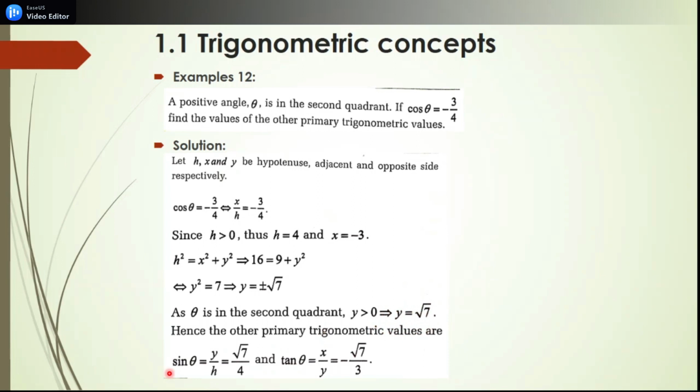Finally, we calculate sine of theta, equal to square root of 7 over 4, the opposite side over the hypotenuse, and the tangent of theta is equal to the opposite side over the adjacent side, which is equal to negative square root of 7 over 3.